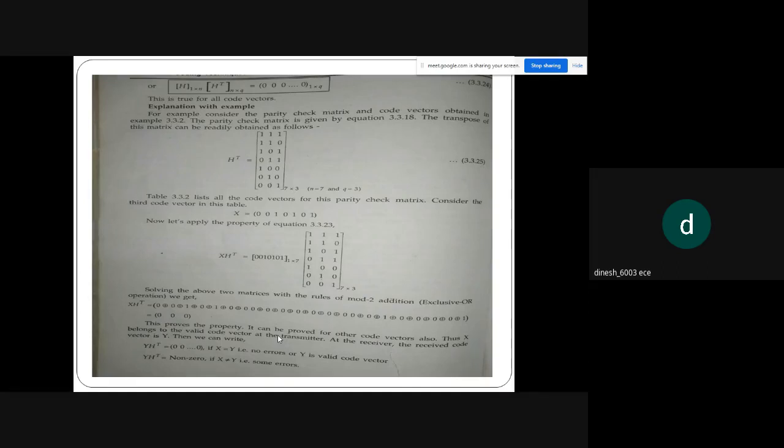And if Y H transpose is a non-zero element, it shows that there are some errors, and the received Y is an invalid code vector.